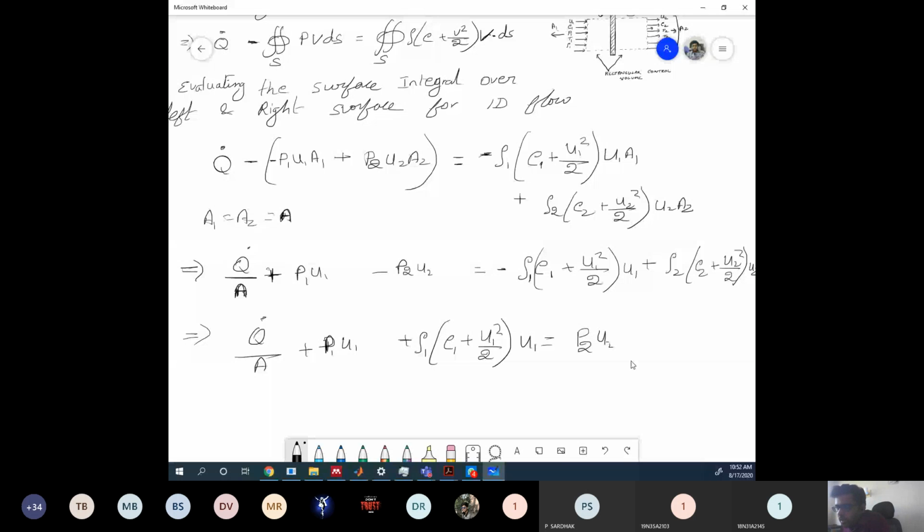Now if I bring rho 1 and U1 into the numerator, that will be Q dot by rho 1 U1 A. I can write it as A only.